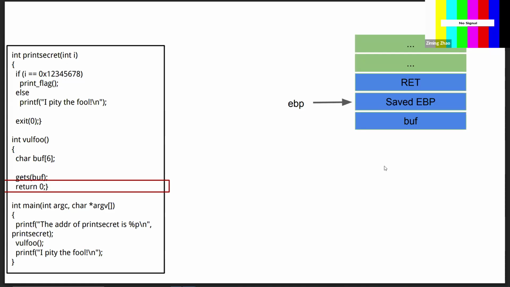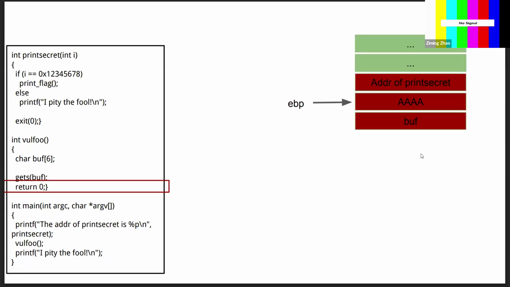ESP is still somewhere down there, but it's going to be pointed to this place soon. We have the buffer, and a little bit higher than that, we have the return address. So now, your overwrite will overwrite the buffer, the saved EBP, and also the address of print secret, right? That's the goal.